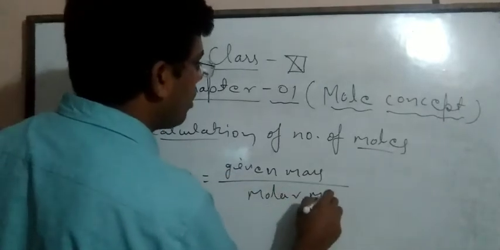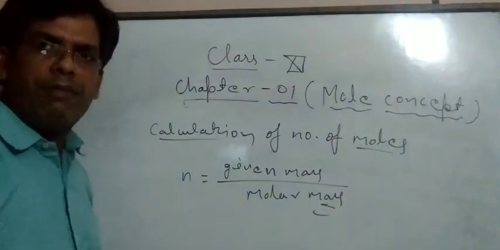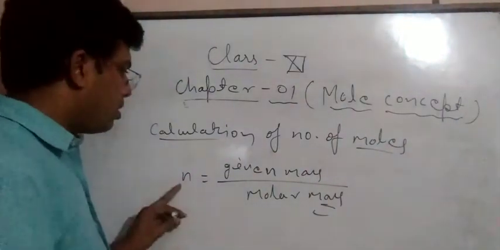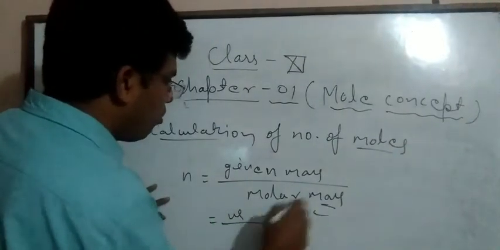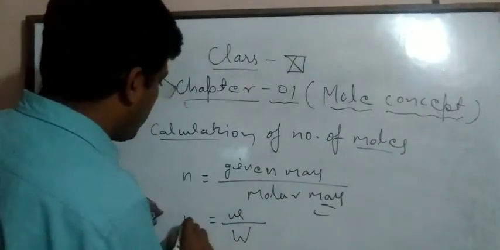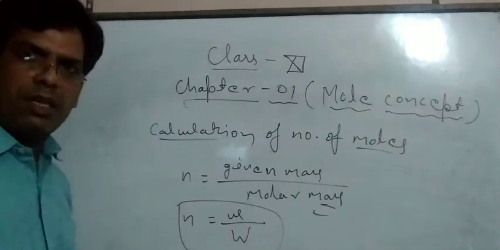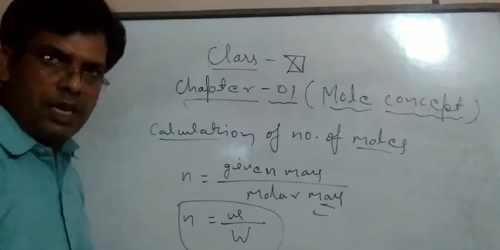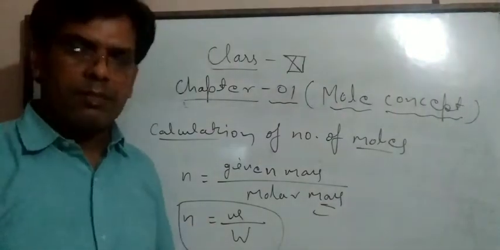If the given mass is small w and the molar mass is capital W, then n is equal to w upon W. This is the number of moles with respect to the given mass of a chemical substance.